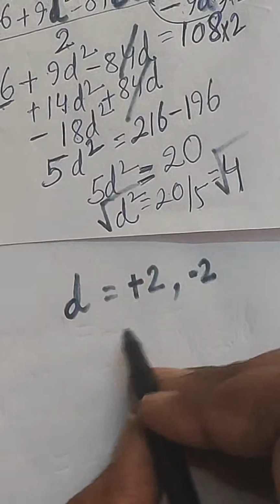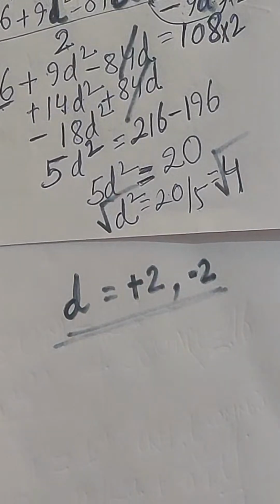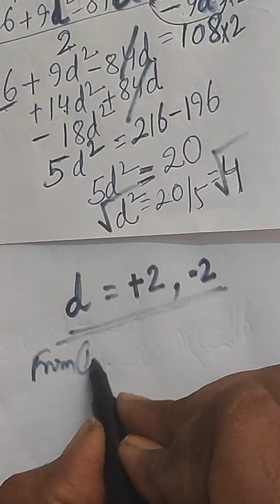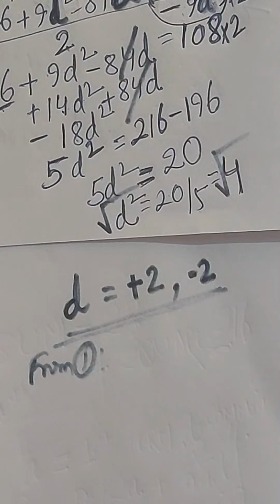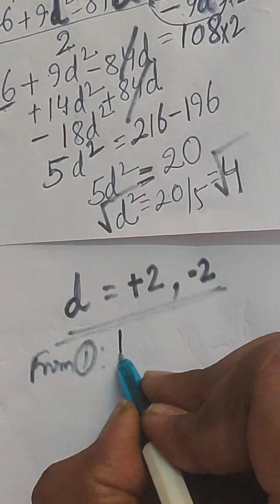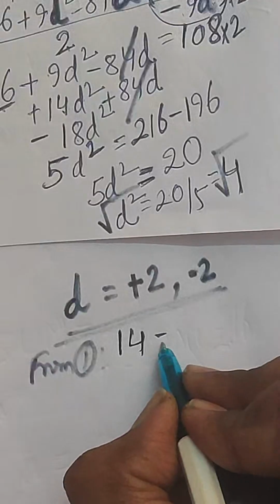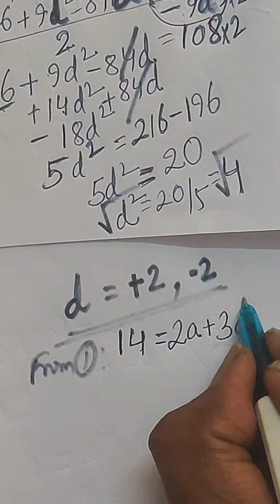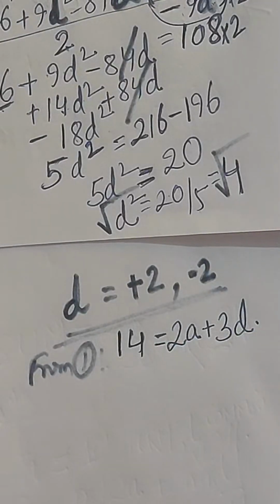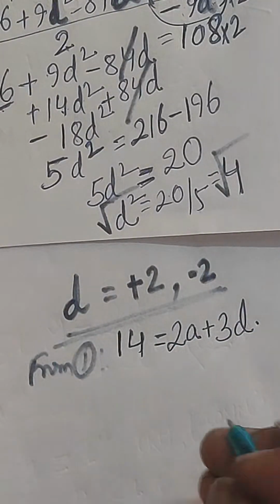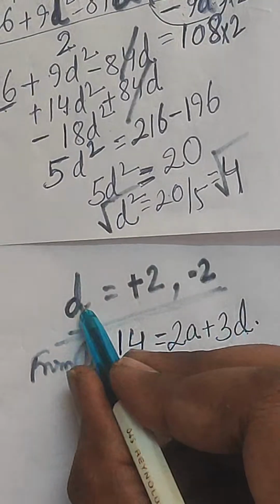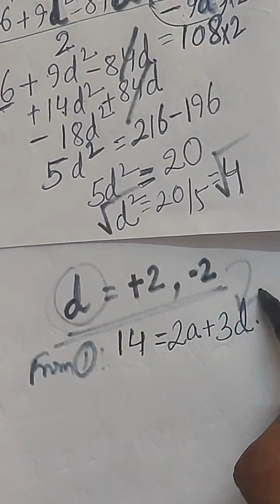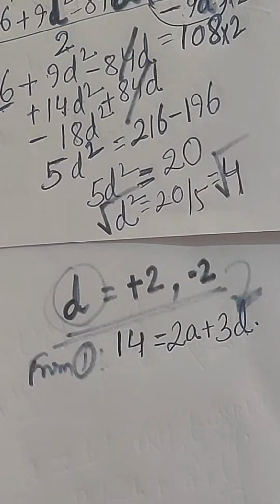Now we know the value of d, the common difference, and from equation number 1, we have the relation 14 is equal to 2a plus 3d, right? So when you put the value of d from here to here, you will get the value of a.